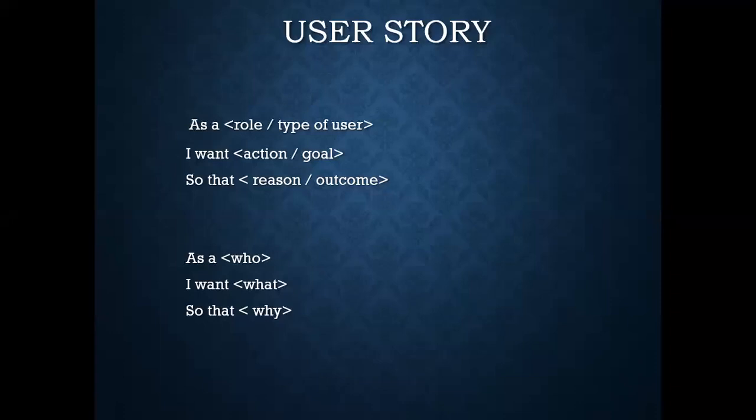And this is the format for the user story. When you want to write your user story, this is the format: you say as a role. So you can say as a bank manager, or as an HR manager, or as an administrator, or as a student, or as a teacher, or as a client, depending on your requirements.